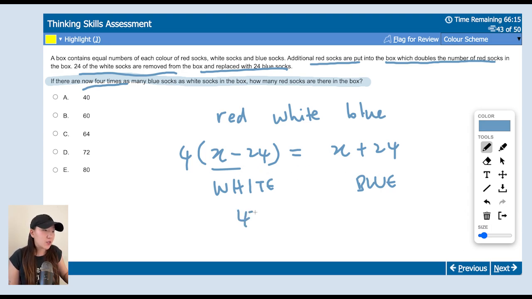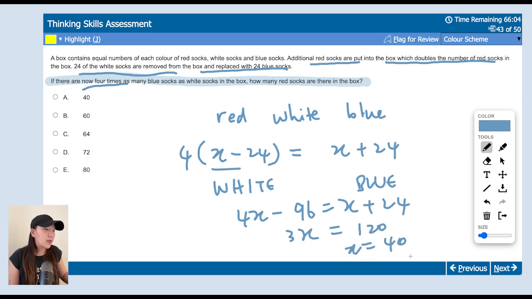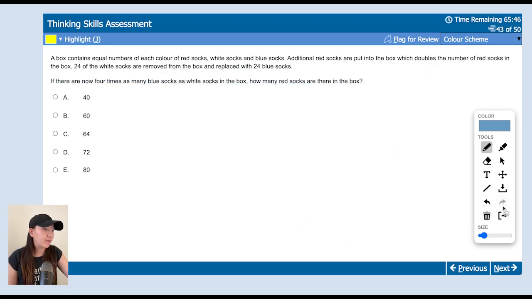So now it's just a matter of solving it. You can just do this quickly and say 110, 120, so X is 40. So we started off with 40 of each of these socks originally, and we also have the rule that the number of red socks has doubled in this box since we added socks, so E. Just write things out, put things into easy to understand formats, and you will be absolutely fine.